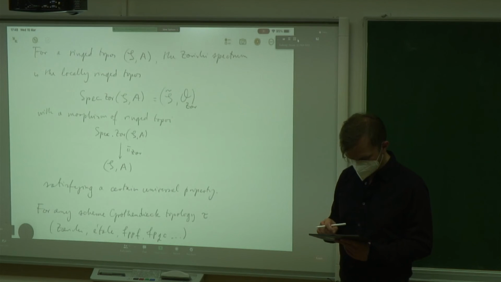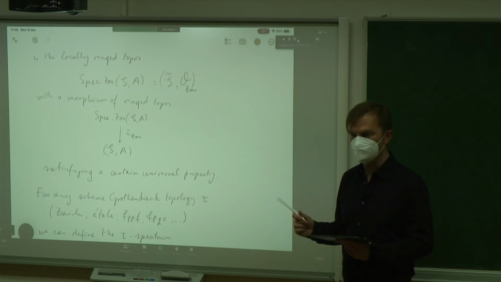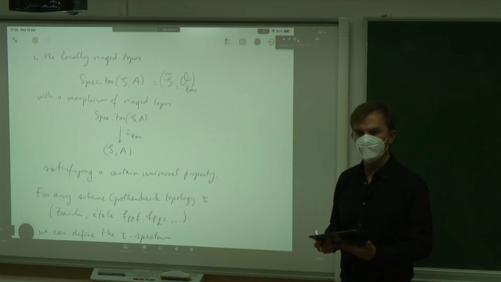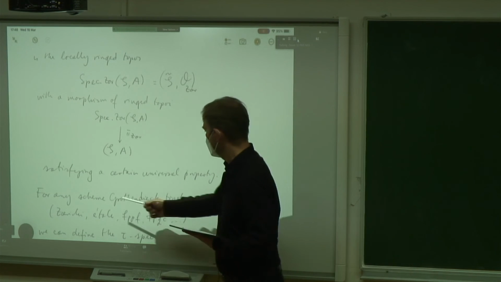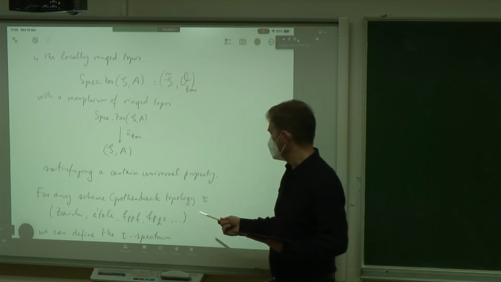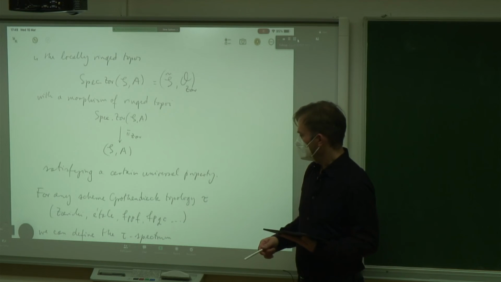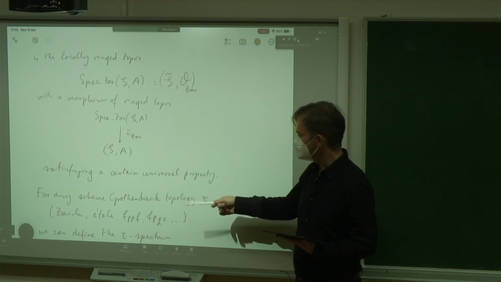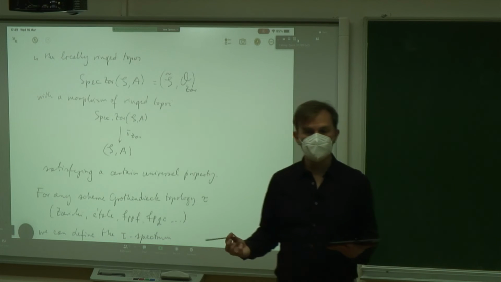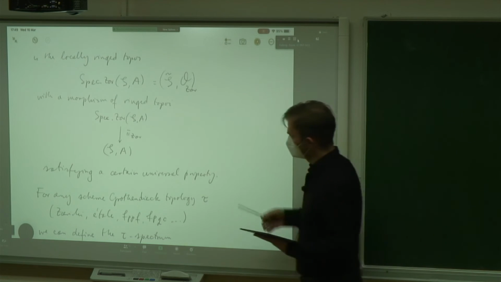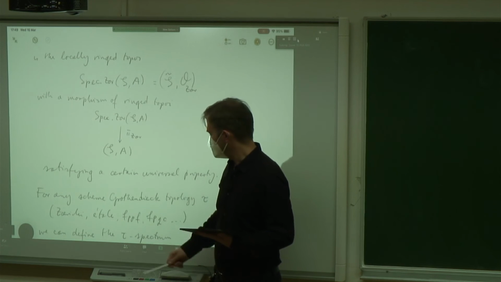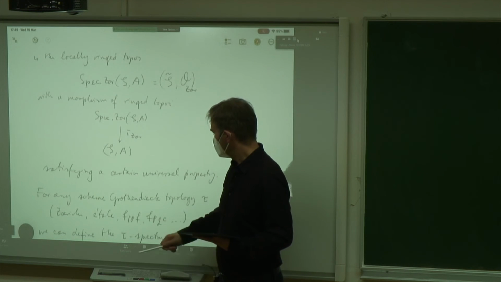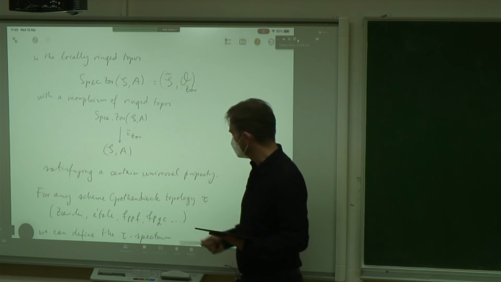Now, Hakim shows how the same thing can be done for an arbitrary scheme Grothendieck topology tau. And these are topologies which are in regular use in algebraic geometry. So first of all, you have the Zariski one, and then an étale topology, various flat topologies.